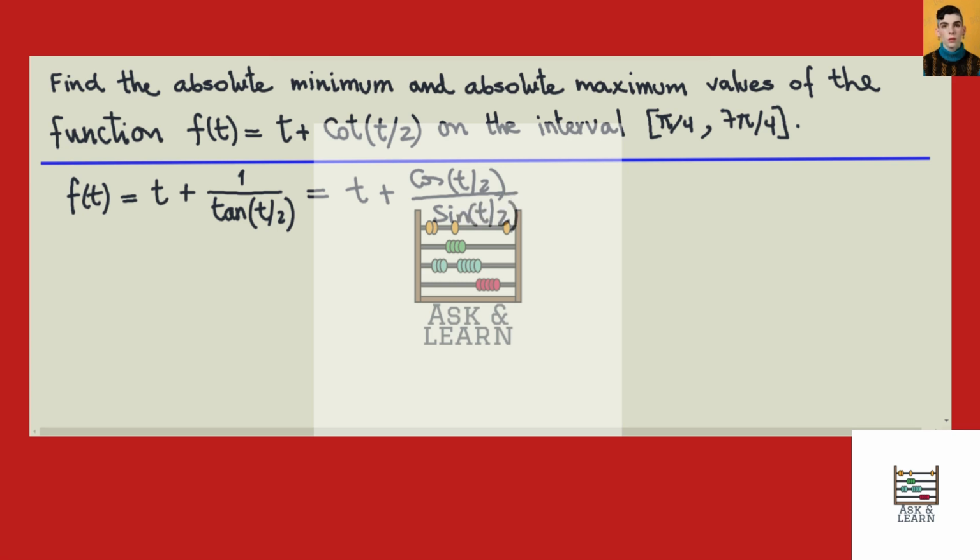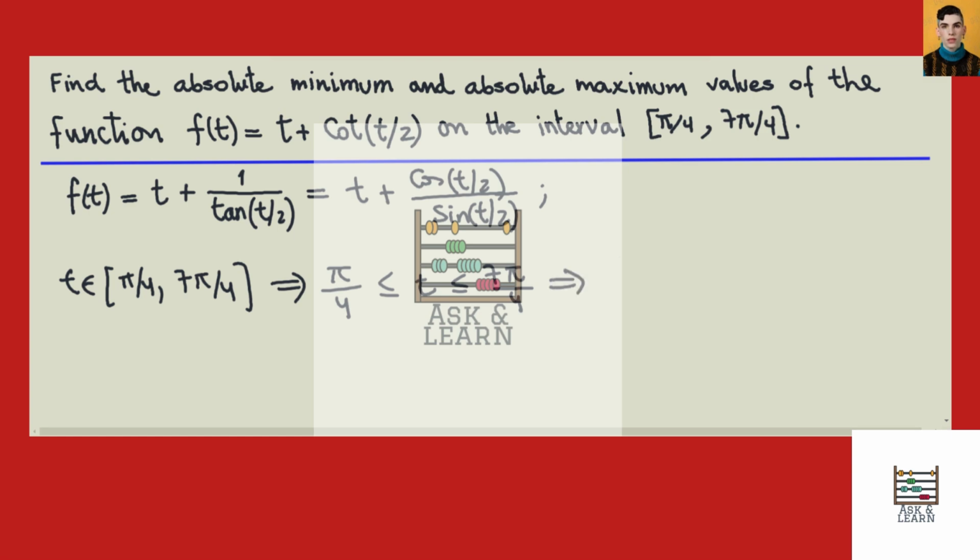It means that the function is defined whenever sine of t half is not 0. But in this case, t is in the interval from pi fourth through 7 pi fourth. And that means that pi fourth is less than or equal to t less than or equal to 7 pi fourth.